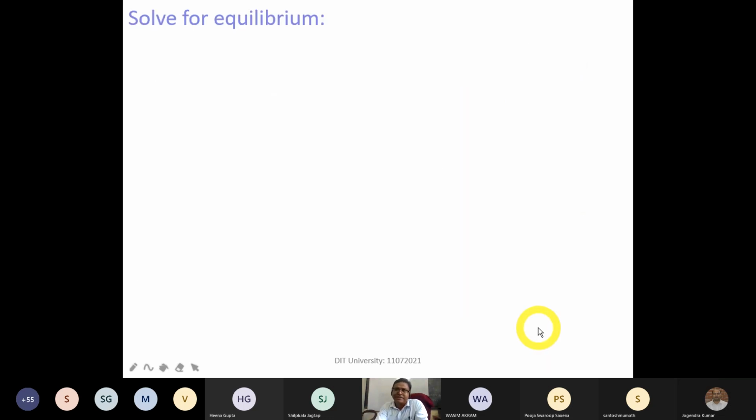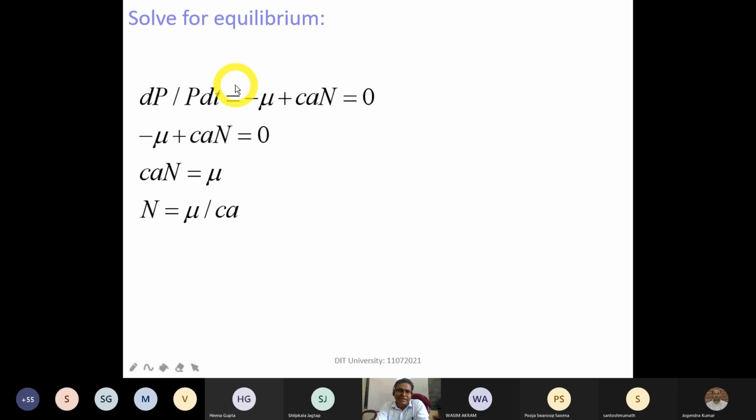So let's do the same thing. Here, the whole equation is compared with 0, and we will find that capital N, the prey population, is mu by Ca.